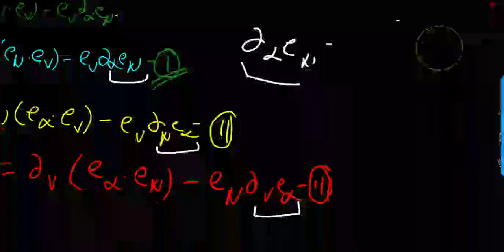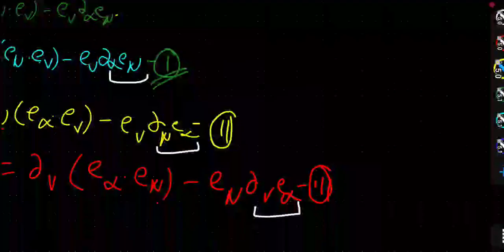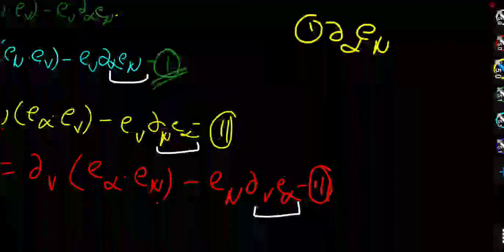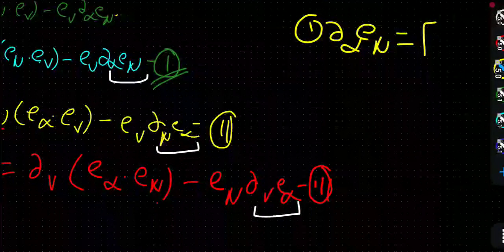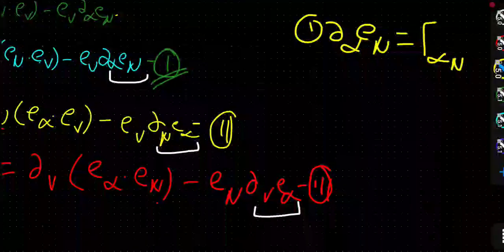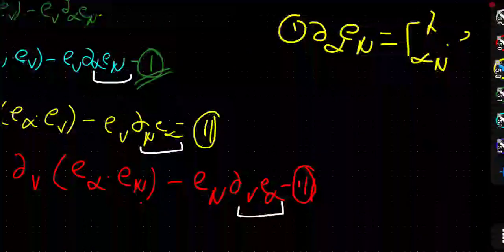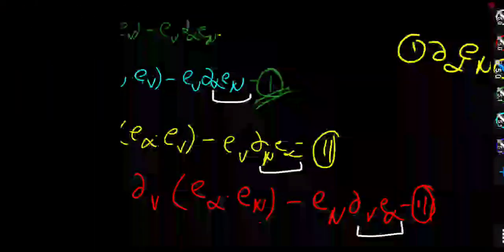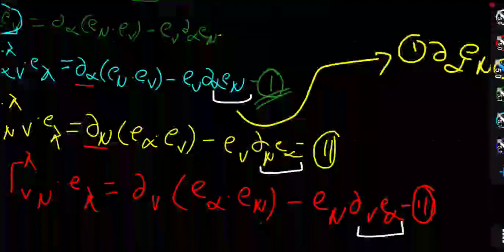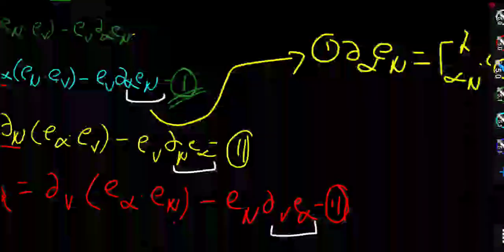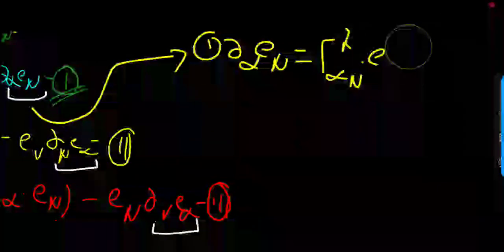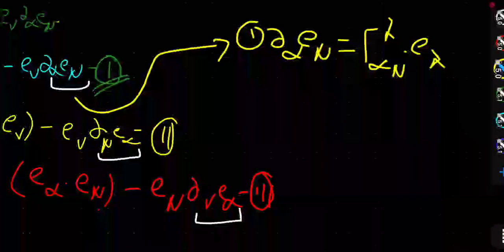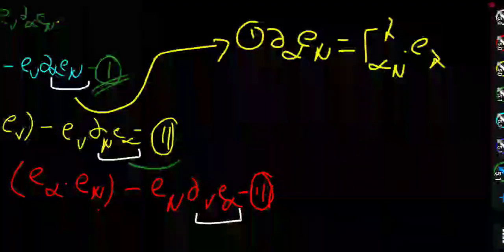So let me try to write it in a small space. What I mean is that del of alpha and E of mu can be written in the form of the Christoffel symbol as alpha mu lambda, dot E of lambda. This is the expression I'm writing here. You should not be confused: lambda should be in the upward position for the Christoffel symbol and downward for E. Now the same goes for this particular term.